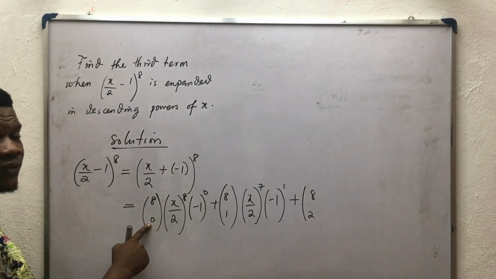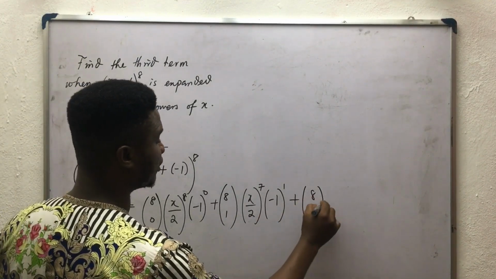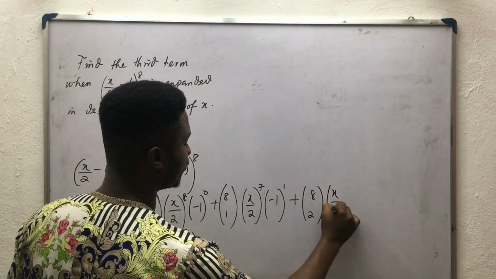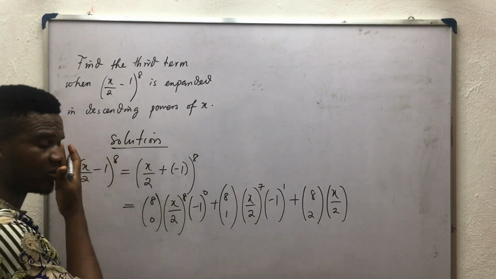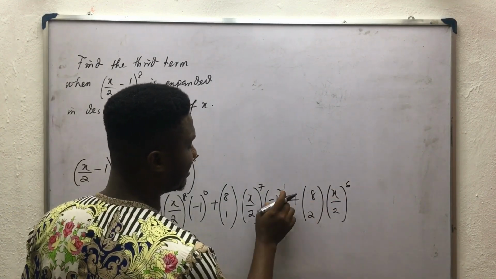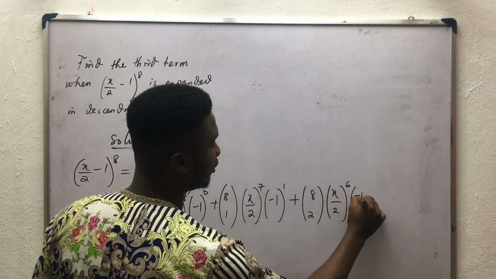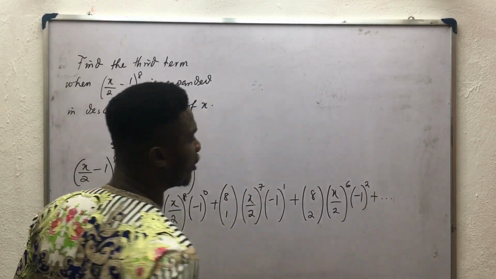Note I increase from 0 to 1 and now to 2. So 8 combination 2, x/2 all raised to the power of, you guessed right, 6, dropping from 7 to 6, and this will give us minus 1 raised to the power of 2. So the expansion goes on.